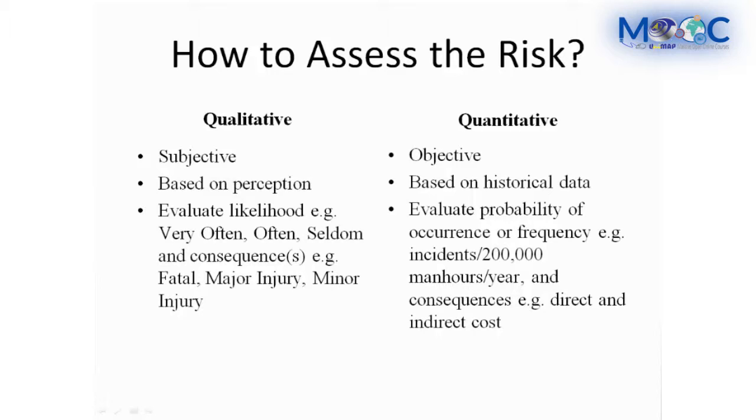It is an evaluation of likelihood that the frequency of a certain hazard would occur and its consequences would extend to a certain severity. The second approach, the quantitative, is an objective approach which is supported by scientific studies and measurements of historical data. It evaluates the probability of occurrence and compares the results with limit values.